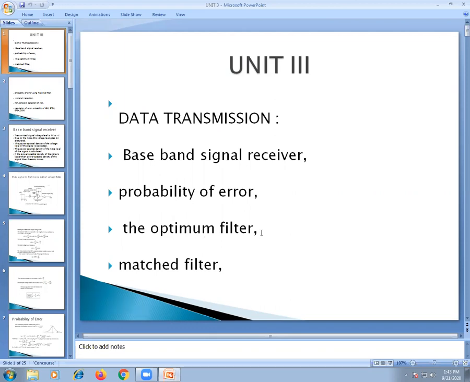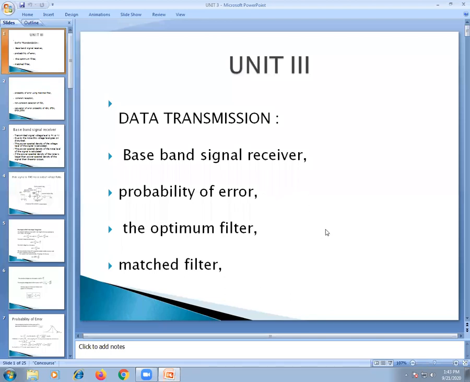The optimum filter function is P naught of t whole square by sigma naught square, and the matched filter is where P naught of t whole square by sigma naught square is maximum. That is nothing but a matched filter. What is that?